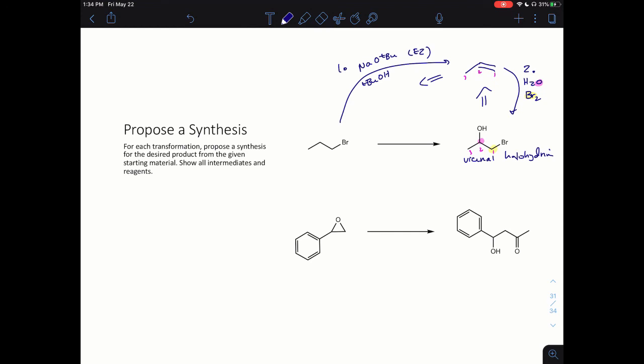Next example, and we're starting with an epoxide and generating... Whoa, what are we generating here? Well, this interesting ketone. Let's see if we can figure out what bonds were made. So it looks like this bond was made here because these two carbons are the carbon of the epoxide. Then we can think, what do we make ketones from?